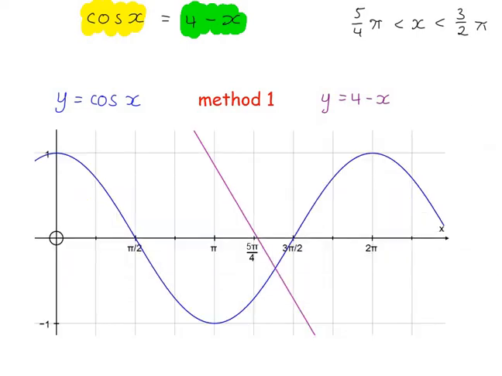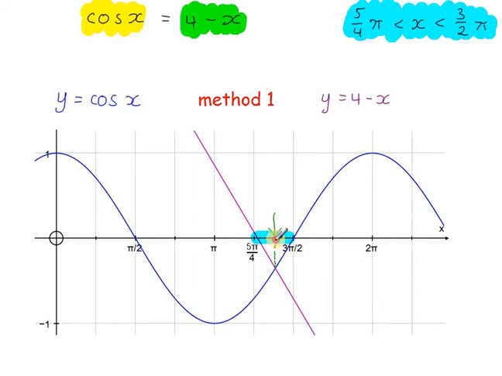And what the graph shows is that in this interval, and the interval is here, that's the same as this, both graphs intersect, which means these equations are equal to each other right here for this value of x.